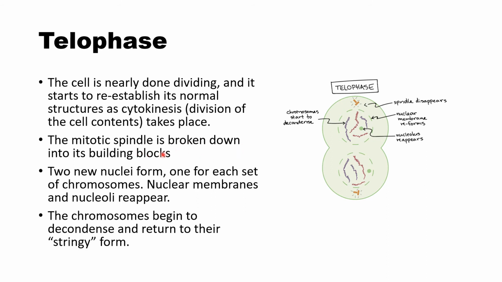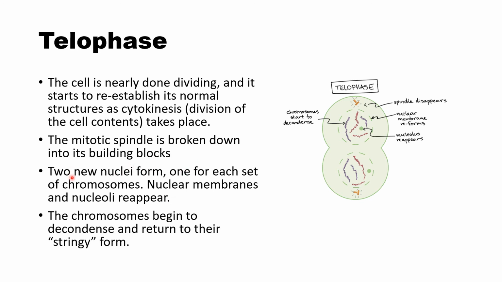And then yung mitotic spindle, na yun yung structure na nabuo noon sa prophase, metaphase, mabobroken down na. So wala nang silbi yung mitotic spindle, kasi nagawa na niya yung part niya, which is to align the chromatids and then separate it. So wala na siyang silbi. So it will be broken down into its building blocks.